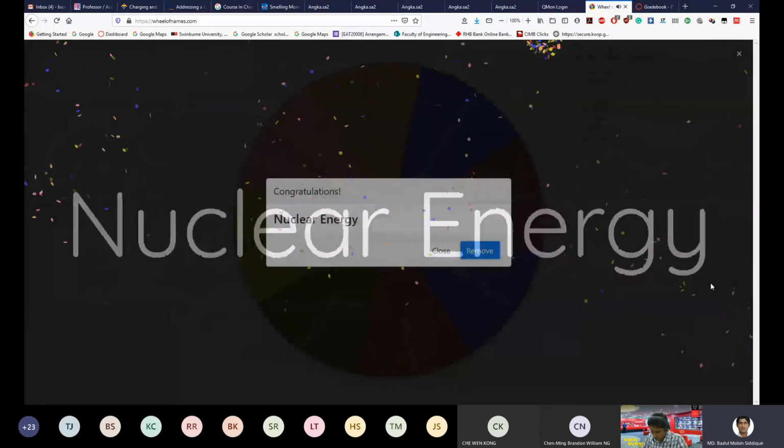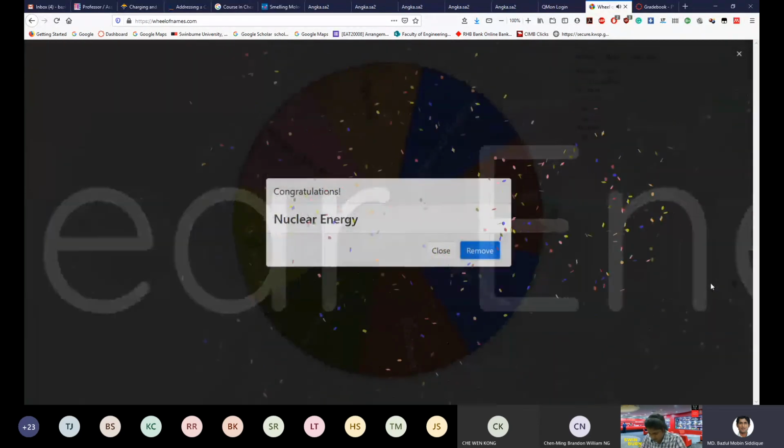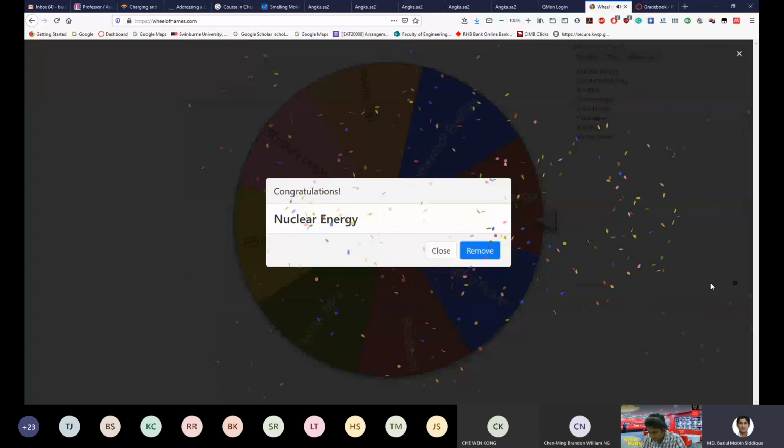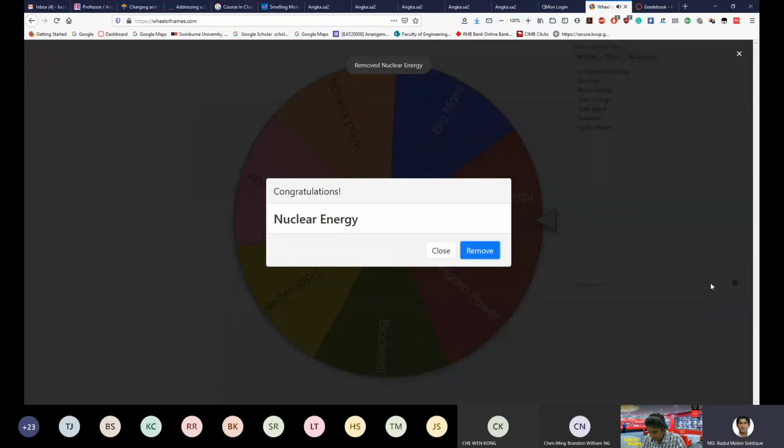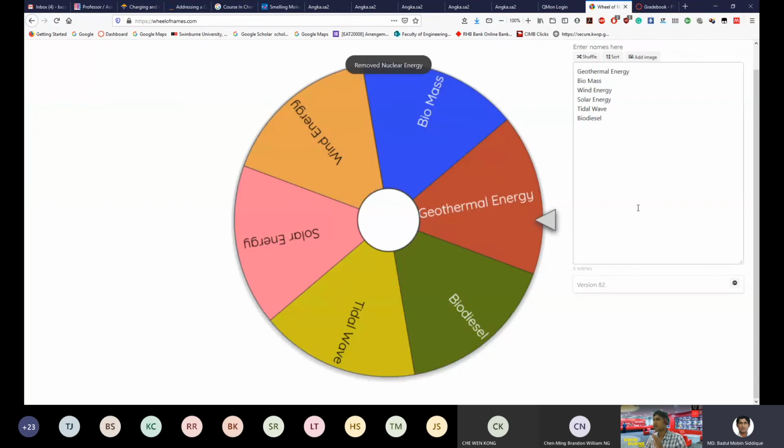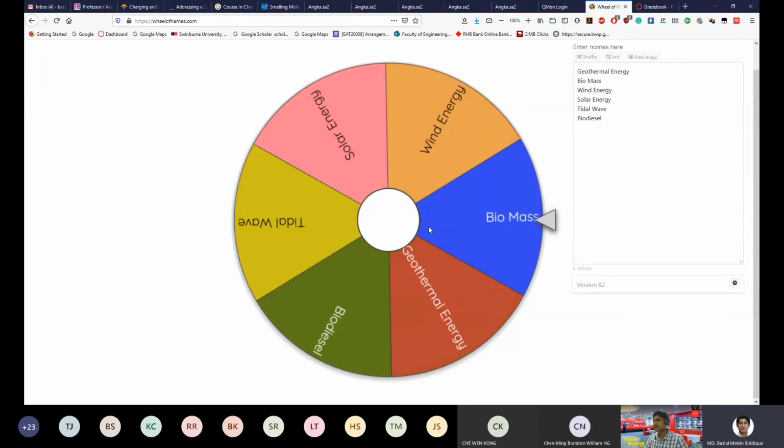Group 4, your topic will be nuclear energy. Nuclear energy is removed now. So the second is group 8. Group 8, I am doing this for you. I'm just clicking it.